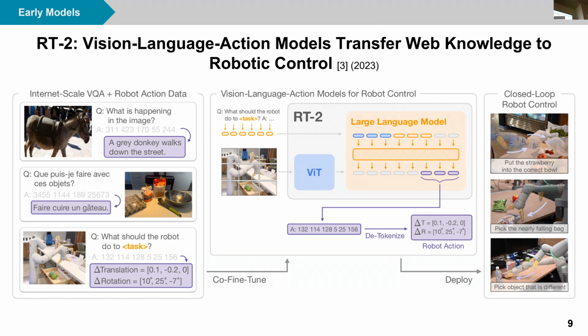And they co-fine tune this model that's a combination of a vision transformer and a large language model, which now is outputting actions in the language tokens of the model, and then detokenizing those, but still into discrete bins of robot actions that are possible. And they're able to do this all closed loop. So it's a pretty exciting next step.